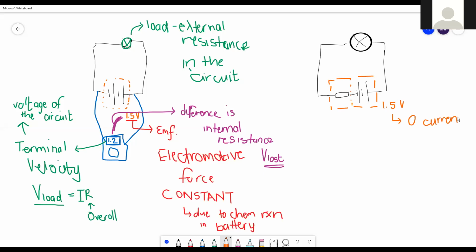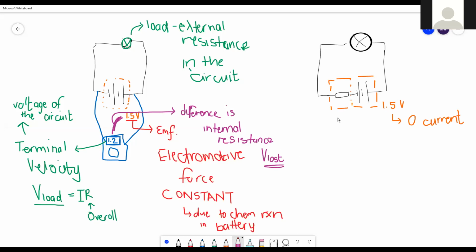Because as you put a current through this battery, your electrons and your protons need to move around in this chemical reaction, and that uses up energy. That little bit of energy used is what we refer to as your V loss, your internal resistance.